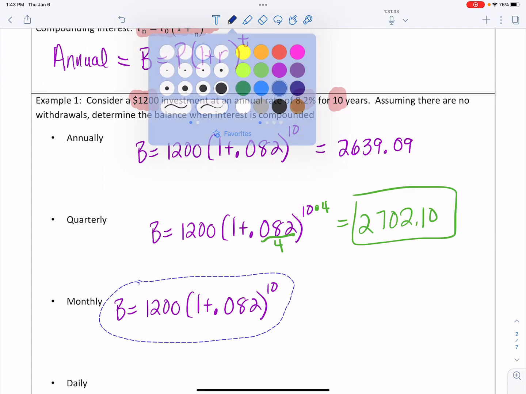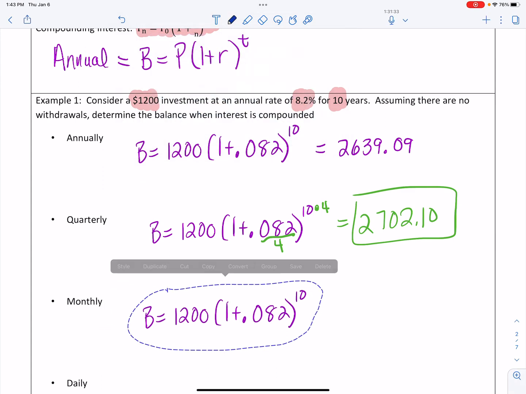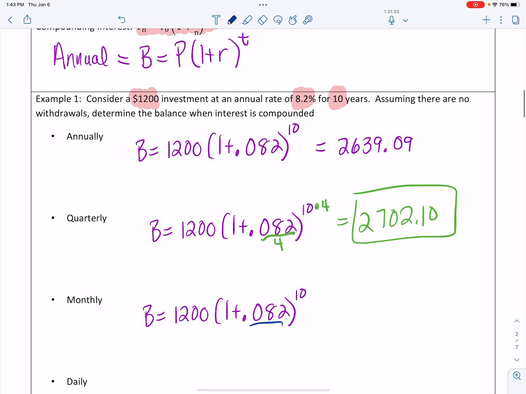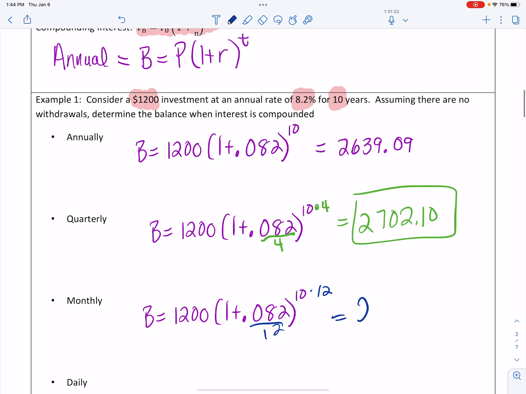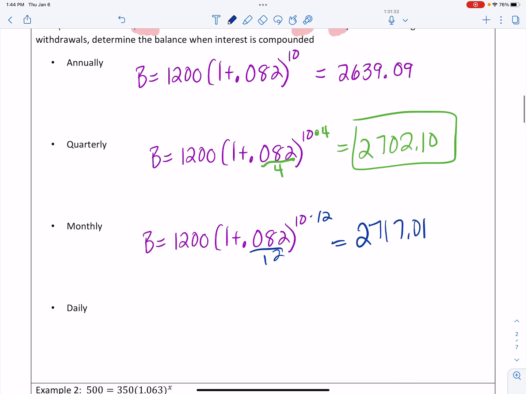Okay, so now monthly, I'm going to take that and now instead of dividing by 4, I'm going to divide by 12. So I'm going to just cut and paste and change my 4s to 12s. And I end up with 2,717.01. Okay. And then finally daily. So I'm taking this, I'm pasting it.